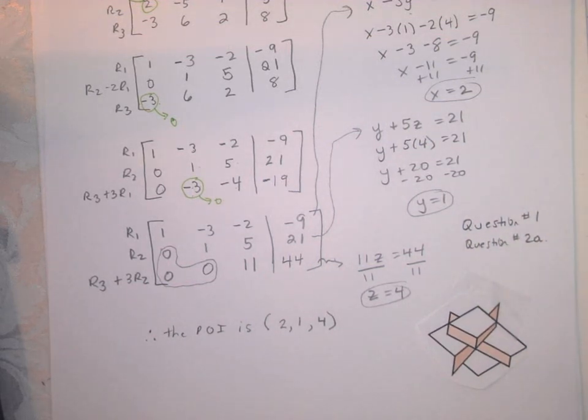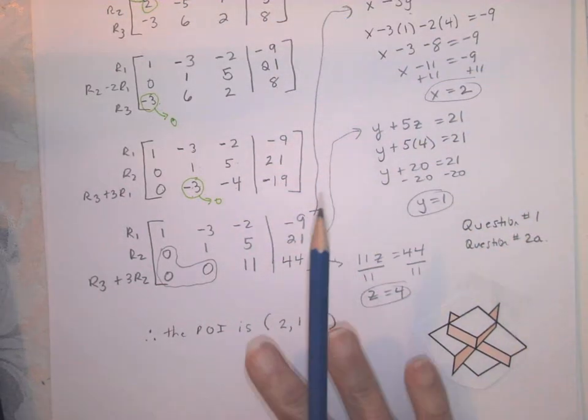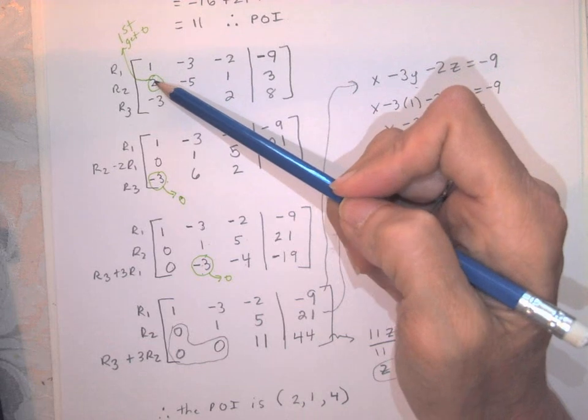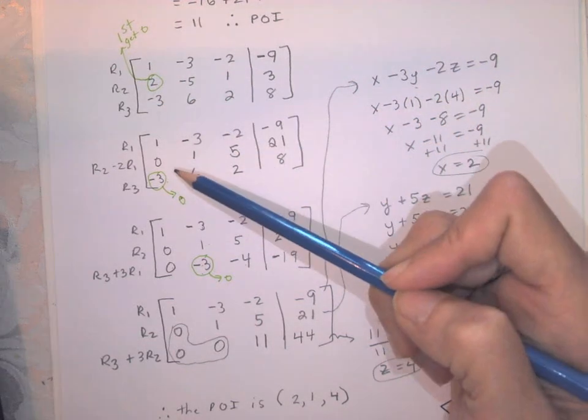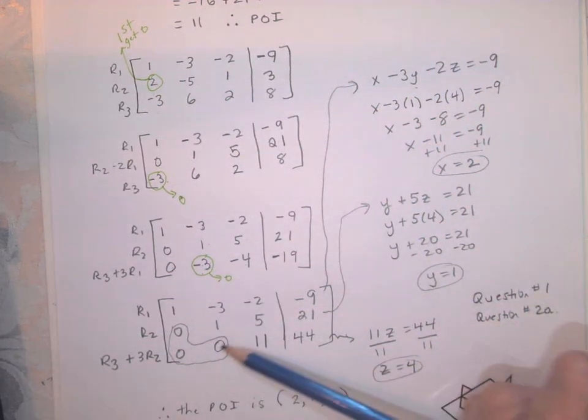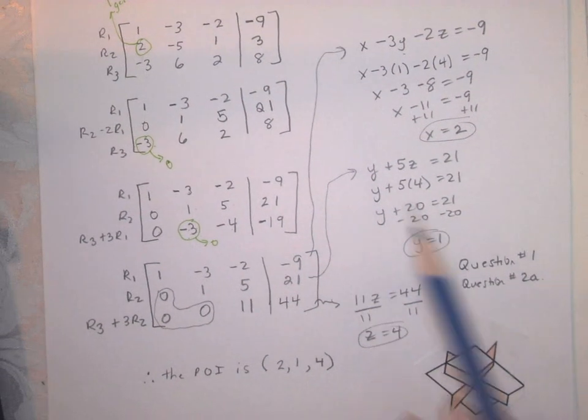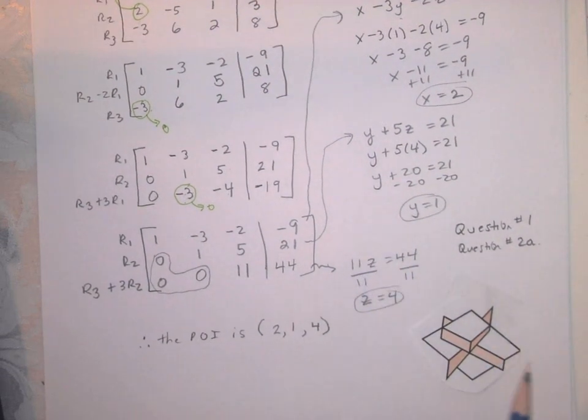They should both result in points of intersection, and I really want you to concentrate on how you use matrices and starting here, get the 3 zeros using row operations, and then reading the matrix and concentrating on being able to do that for a point of intersection. So when we pick up tomorrow, we'll go over other possibilities. But for now, I want you to focus on being able to do your normal analysis and then solve your matrix when it turns out to be a point of intersection.